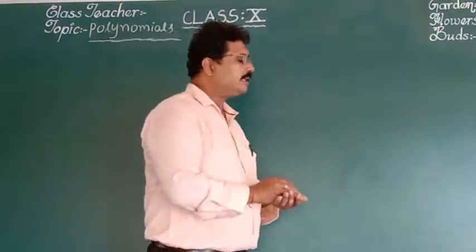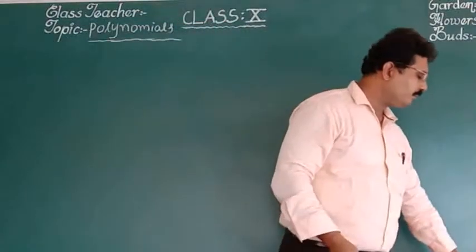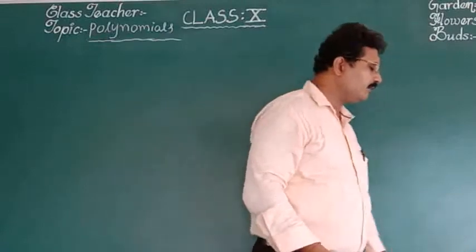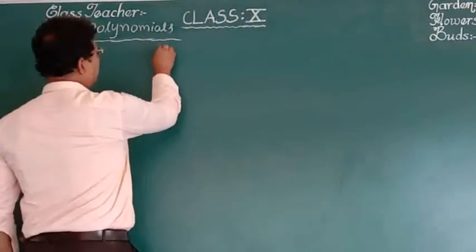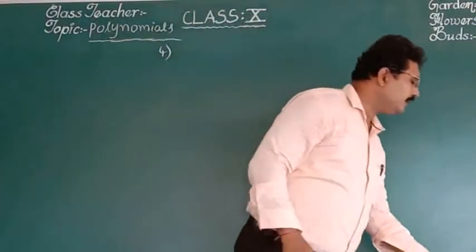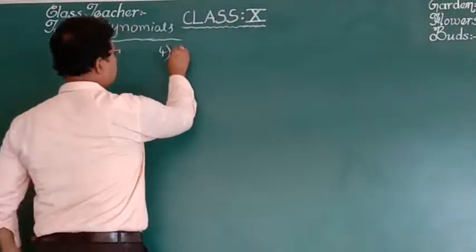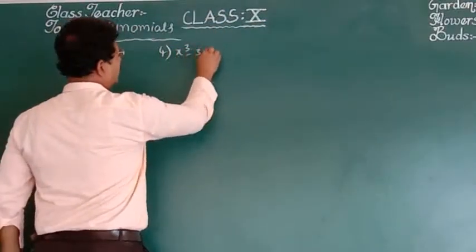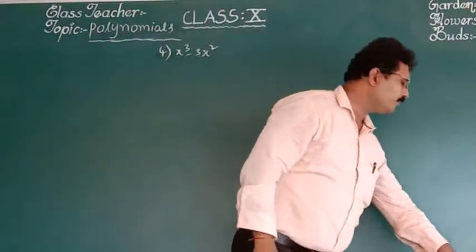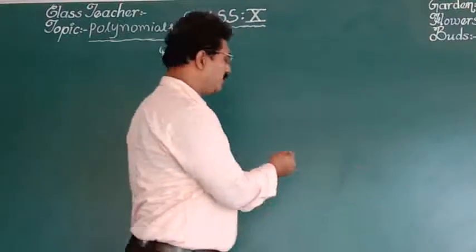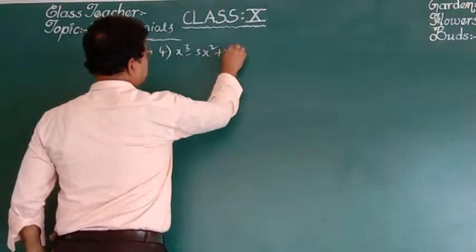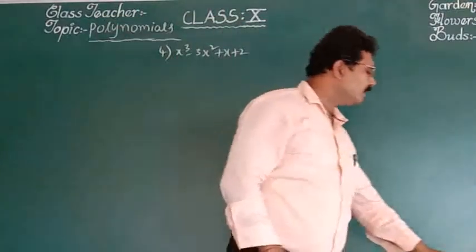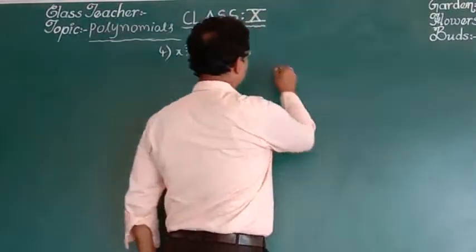Now come to the next one, the exercise problem. Problem number 4 is on dividing x cube minus 3x square plus x plus 2 by a polynomial g of x.